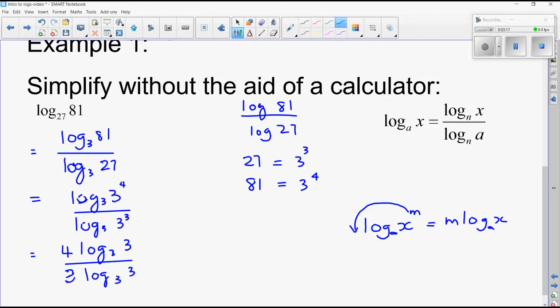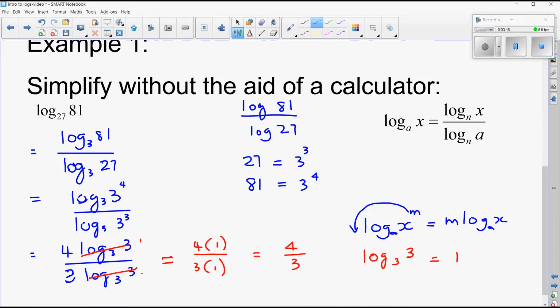Now I have one of two options of simplifying this further. Log of 3 to the base 3 can divide into itself, or I know that log of any number to the same base has a value of 1. So log of 3 to the base 3 is 1. So I can rewrite this as 4 times 1 over 3 times 1. But in the end, my result is 4 over 3.